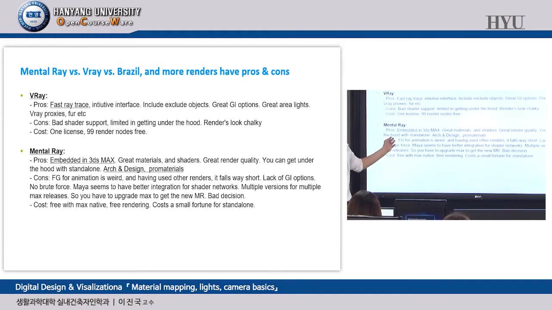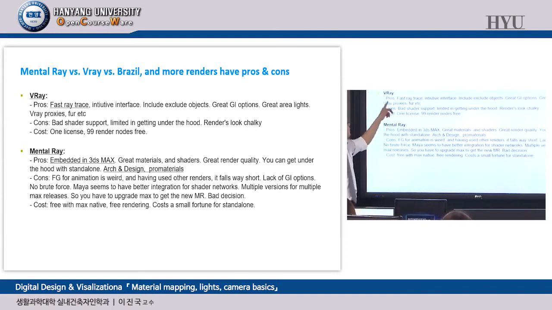V-Ray supports Rhino, SketchUp, even 3D Max, lots of things, but the V-Ray company is comparatively small. So Mental Ray's growth rate is really fast and high. That is why nowadays even Hollywood movies use Mental Ray. Okay, Iron Man, Hulk, or some types of characters are all visualized by Mental Ray or some related technologies.